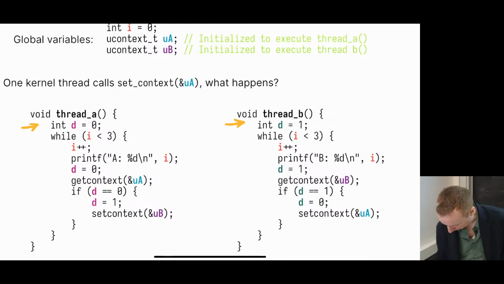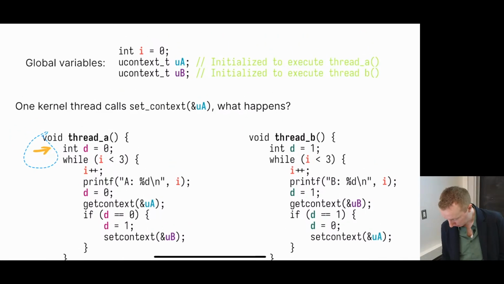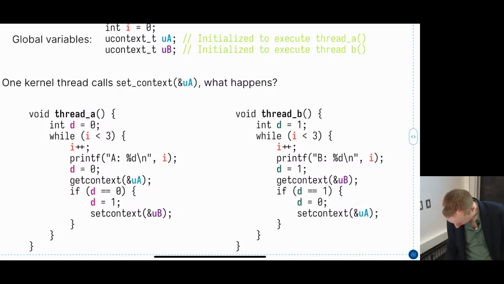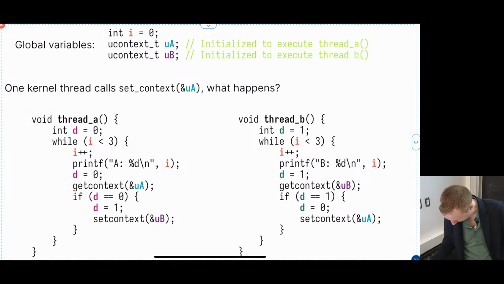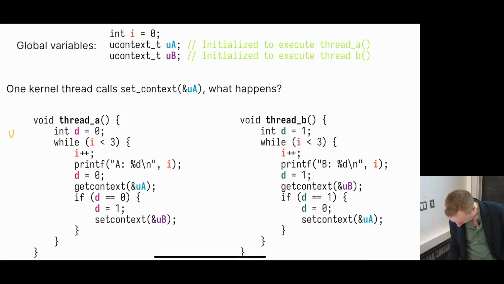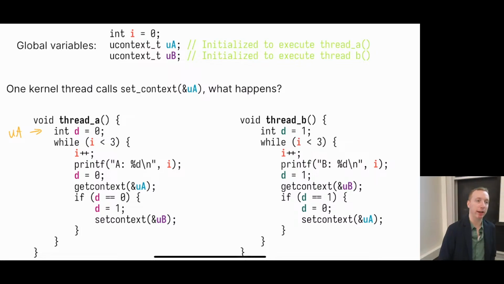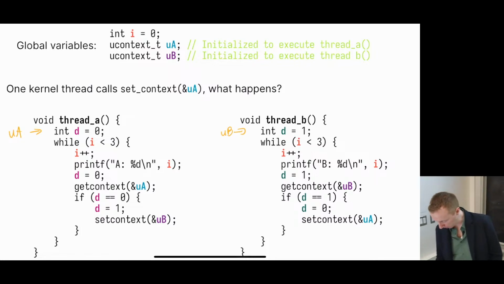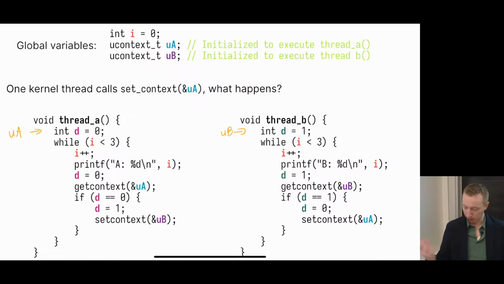So I will have two pointers to help me: a pointer for ucontext of A to tell me where it's going to resume from, and a pointer for ucontext of B to tell me where it's going to resume. And then otherwise, I will just use a blue to keep track of where I'm executing.